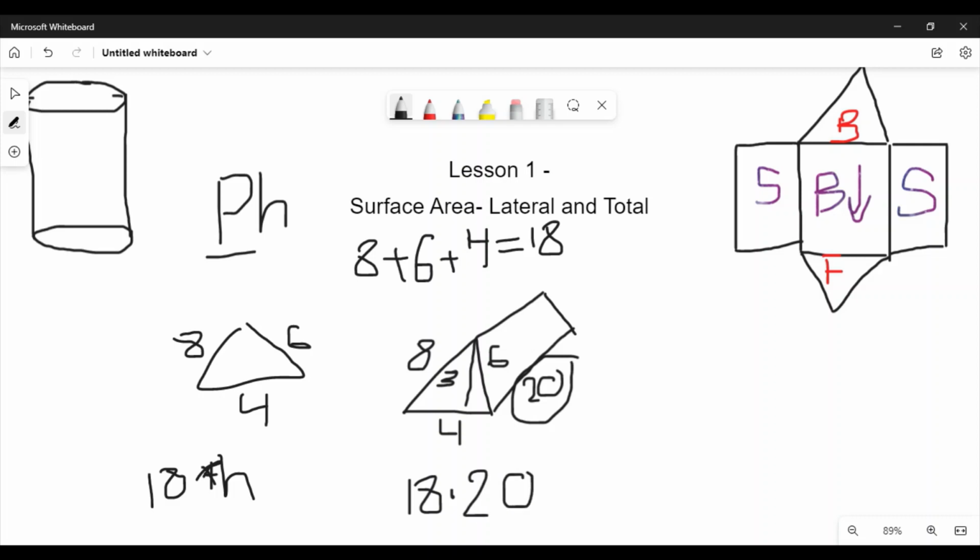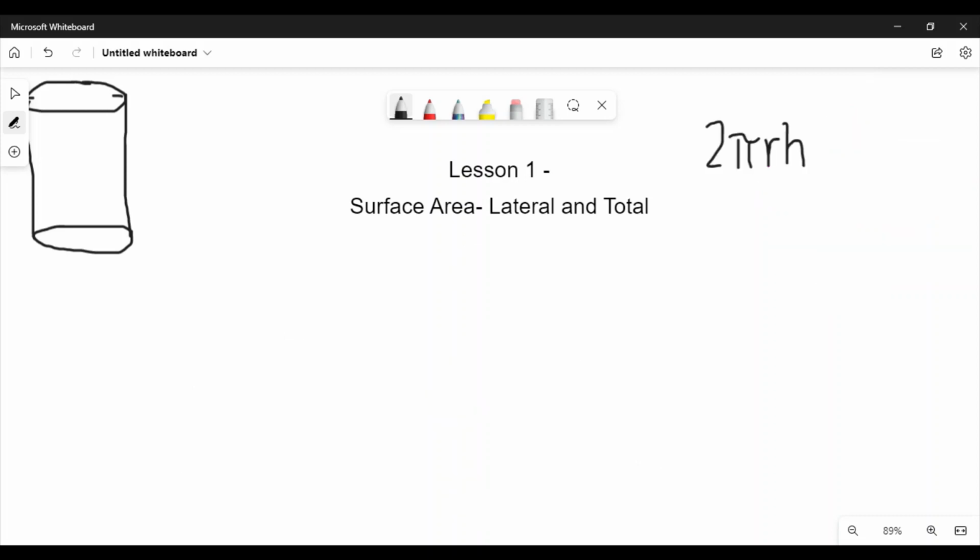And if I do that in my calculator, it is 360. So that equals 360, and that is the lateral surface area for a triangular prism.